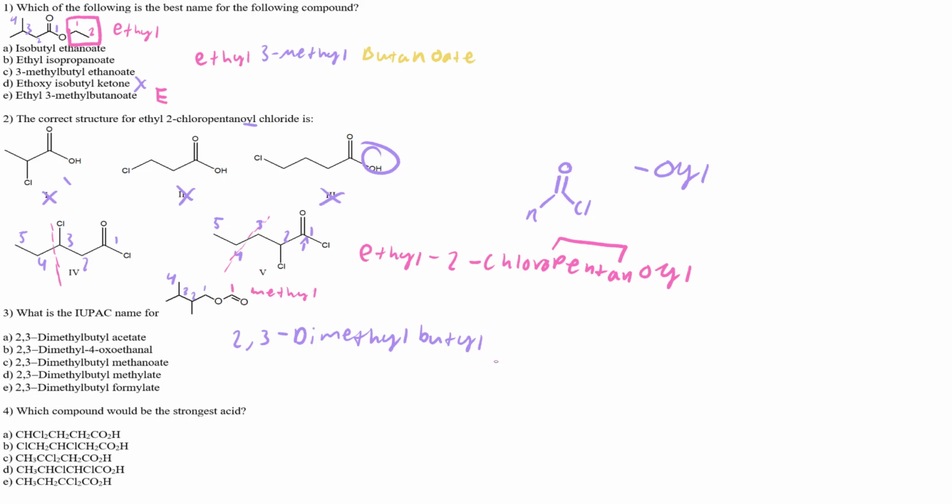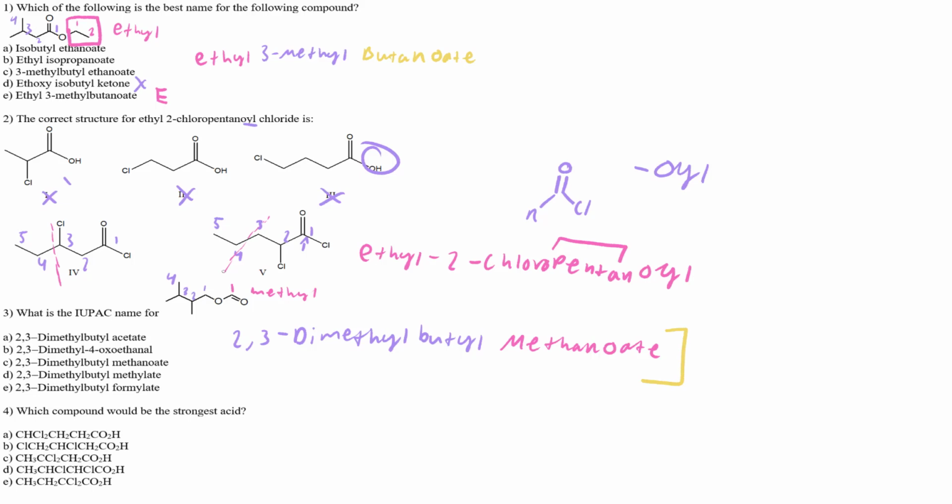Okay, so what do we have? We have methane, and that's an ester, so it's going to be oate. So that should be your answer. So you can see that it's very similar to the first question, okay?